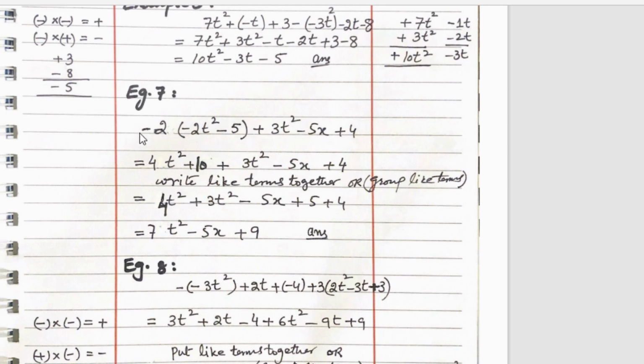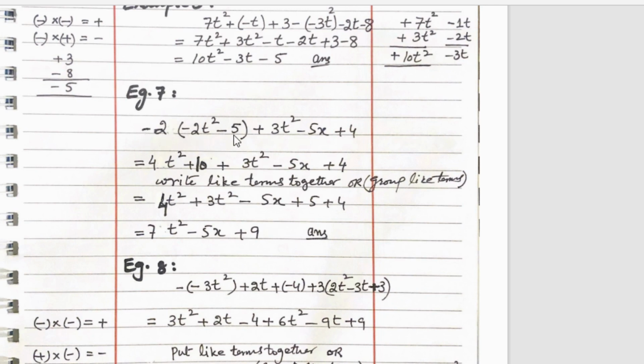So you will multiply this minus 2 with all the terms inside the brackets. Got it? Okay. So again, minus into minus plus, 2 to the 4 t square.